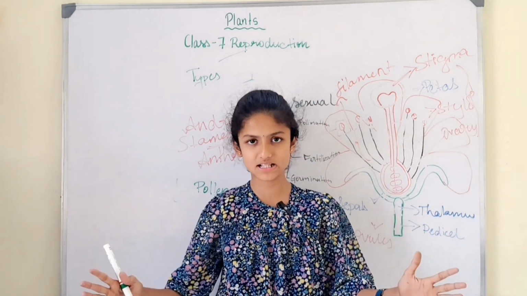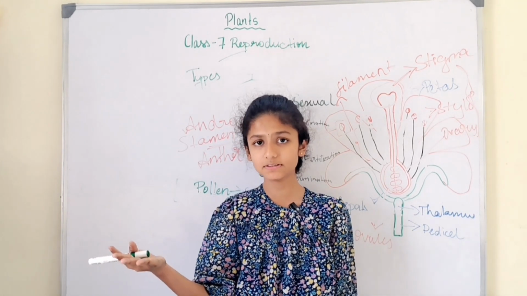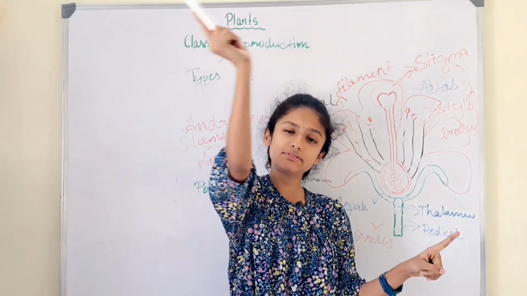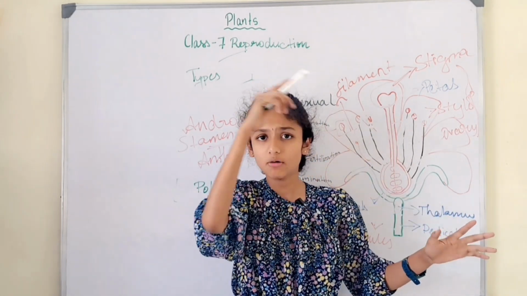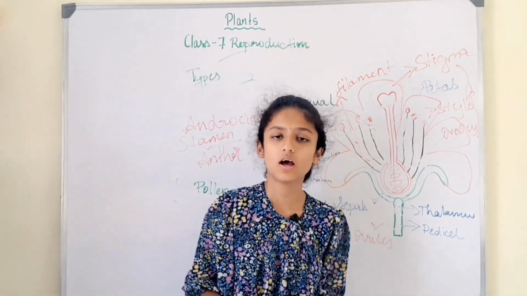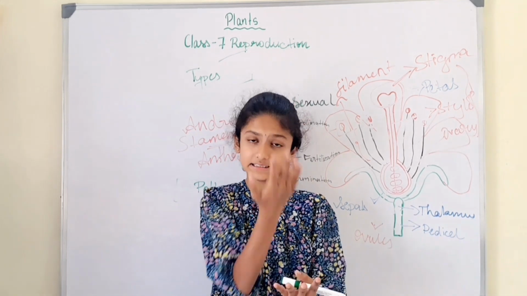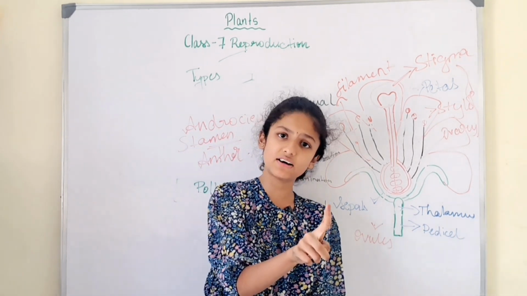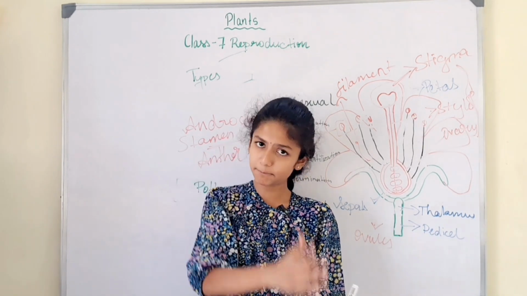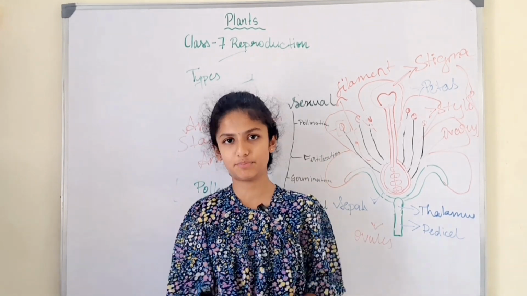If there are two hibiscus plants, one this side and one this side, and pollen goes from a flower on one plant to the stigma of a flower on the other plant, it is cross-pollination, between two different plants. Self-pollination is in the same flower, or in two different flowers of the same plant.